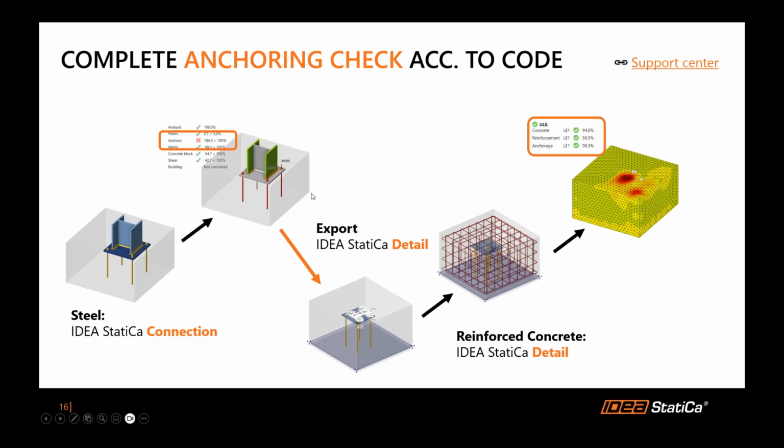There is a button where you can export your anchors, base plates, and load effects into StatiCa detail. There you can reinforce it and calculate it, analyze it, and you will receive the complete anchor checks, hopefully passing your design.